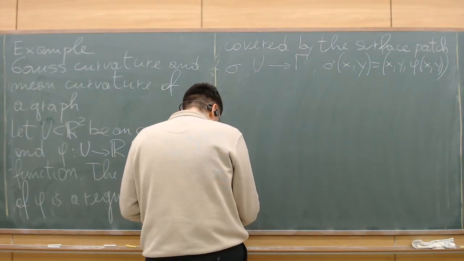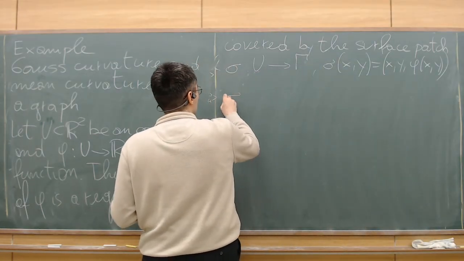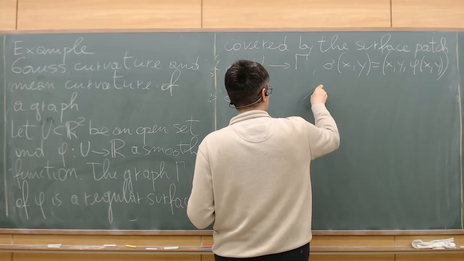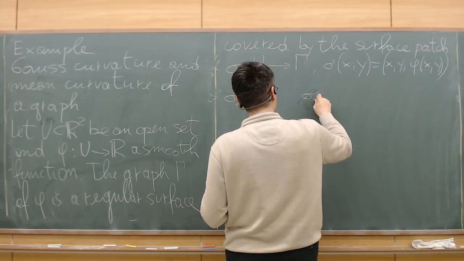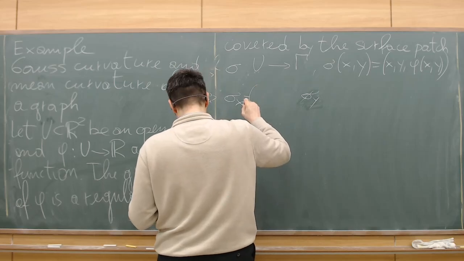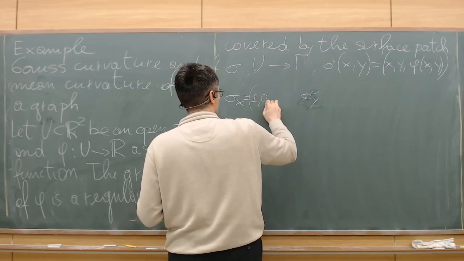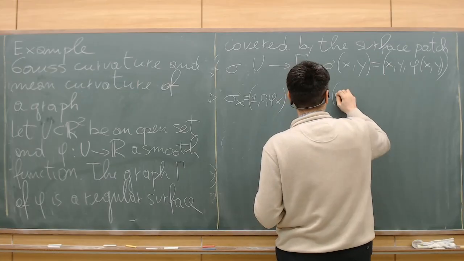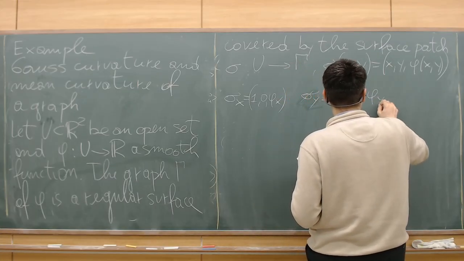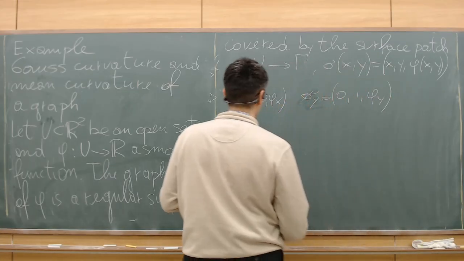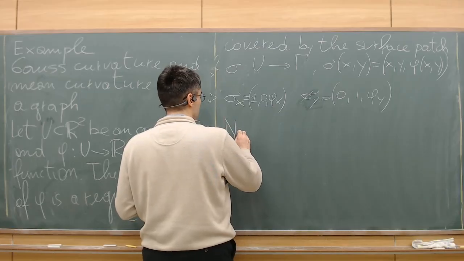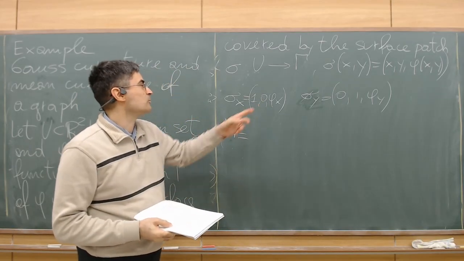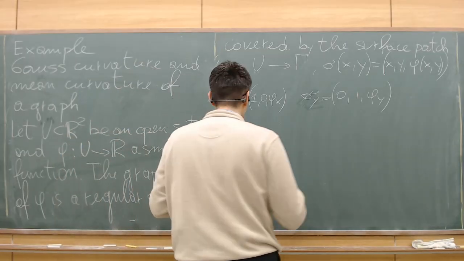We already computed sigma x, sigma y. They are given by 1, 0, phi x and 0, 1, phi y. We also computed the orientation associated with this surface patch.